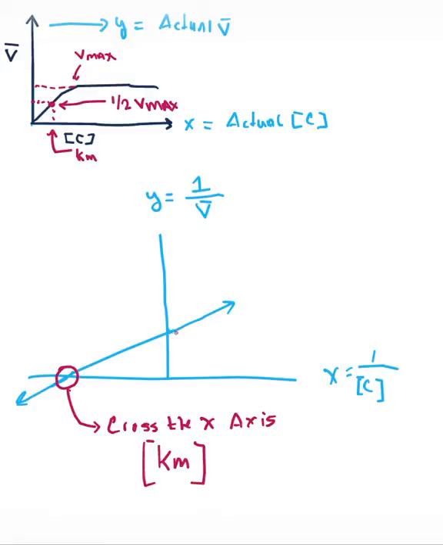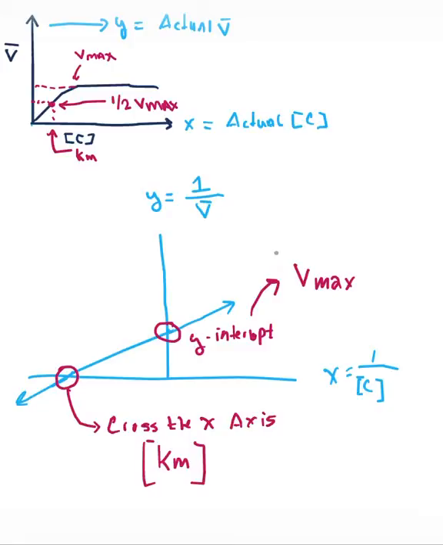Okay, and then the y-intercept right here, where this crosses the y-axis, that is going to be indicative of my Vmax.